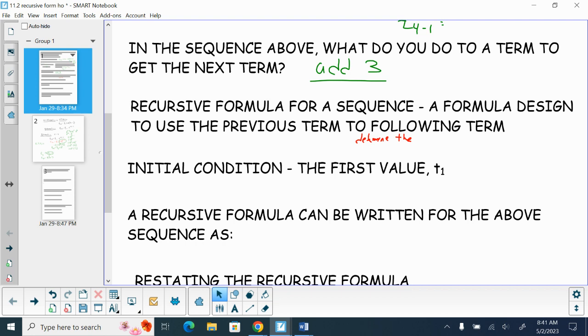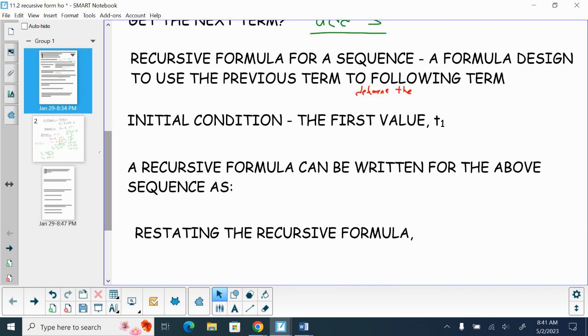So if we take a look at this recursive formula up above here, we can find Tn, some term, is going to equal our previous term plus 3. Because that's what we're determining here.